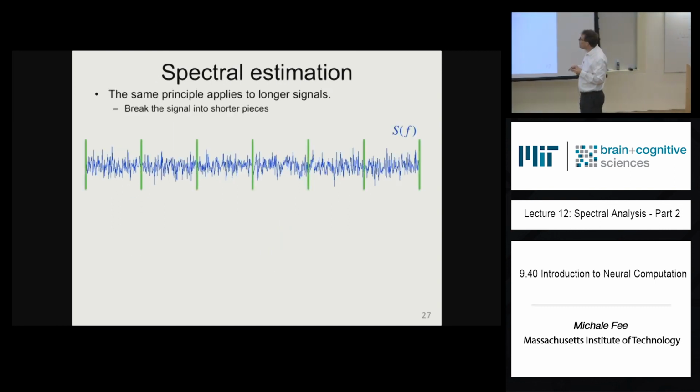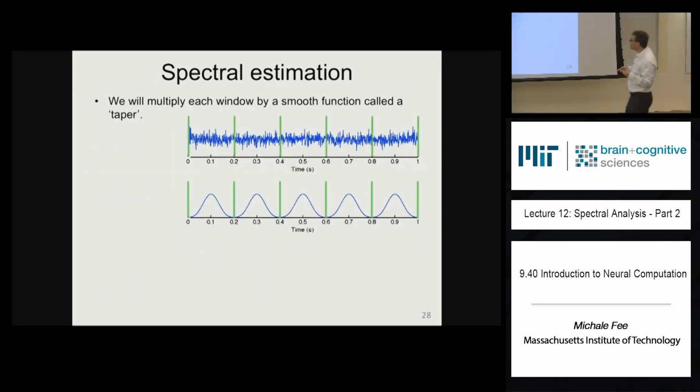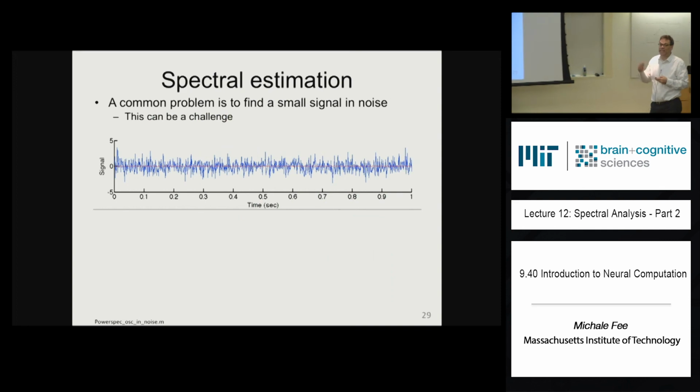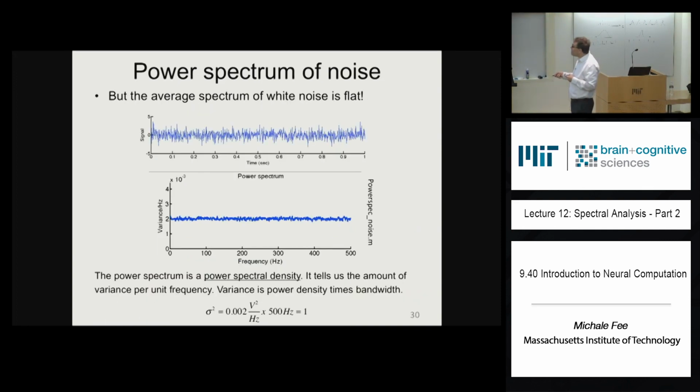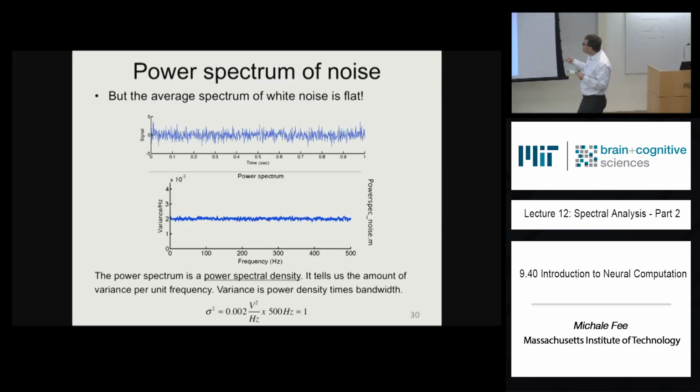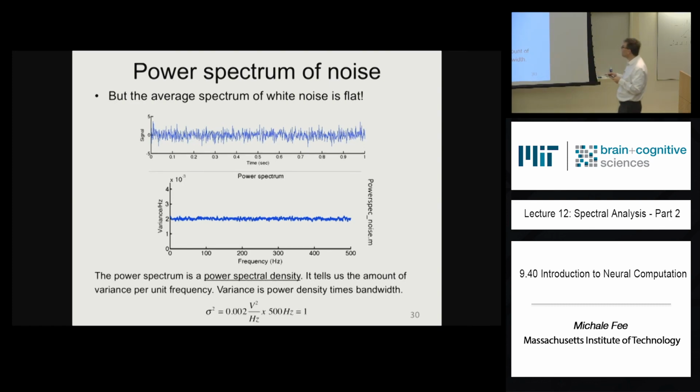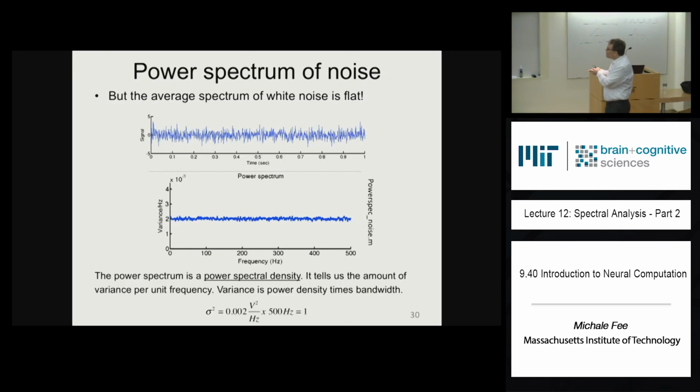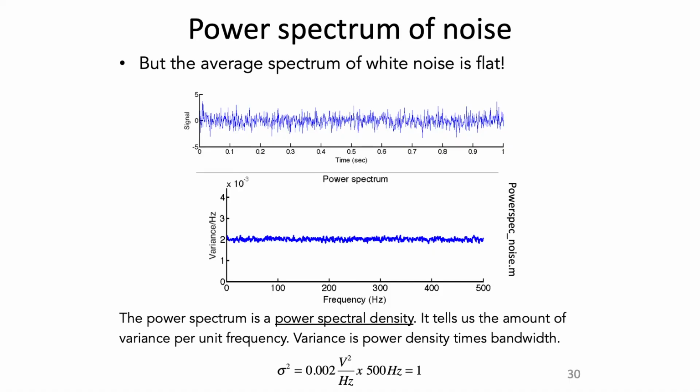In order to estimate what the spectrum of noise looks like, you have to take many examples of that and average them together. And when you do that, what you find is that the power spectrum of noise is a constant. It's flat, Gaussian noise, okay? The power spectrum is really, you should think about it properly as a power spectral density.